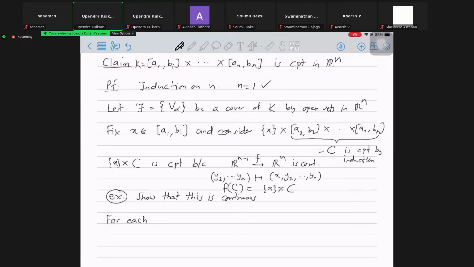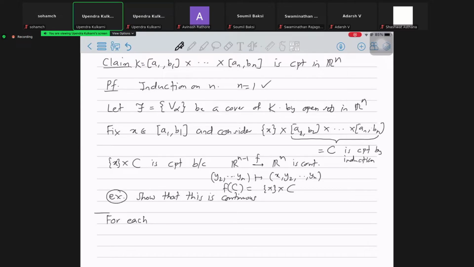I have to use the topology of C in R^(n-1) and the topology of X cross C in R^n. If I want to use that, there has to be some bridge, you see. I'm not saying that something like what you're saying will not work, but a bridge has to be made between C and the slice X cross C. All right.